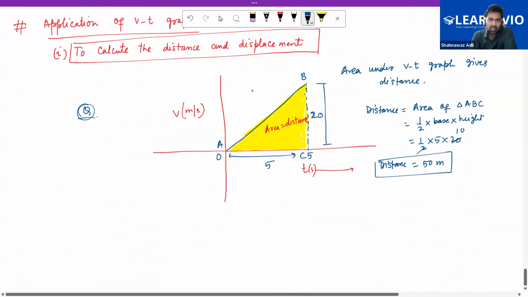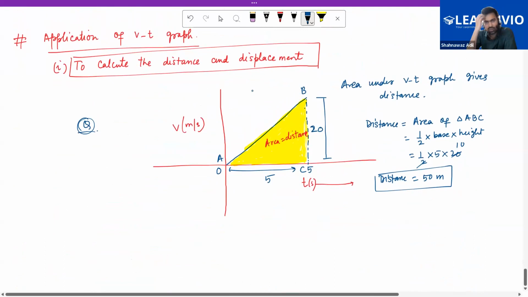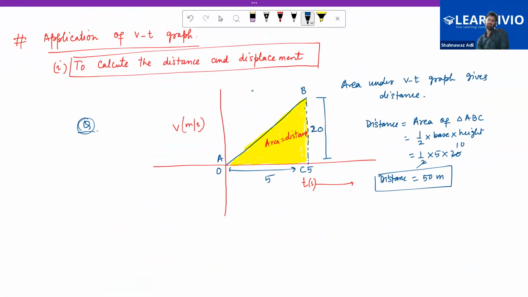So in the next class, the graphical part will be over, and then we can start free fall. The free fall and relative motion will take one or two classes. Maybe on Sunday we can arrange some extra class, and then this chapter will be over.